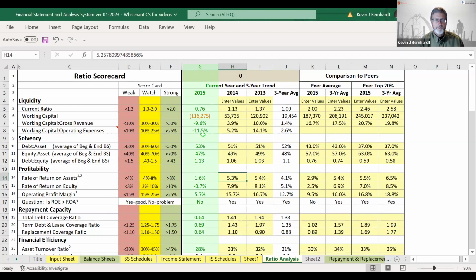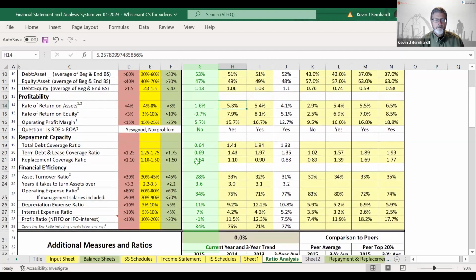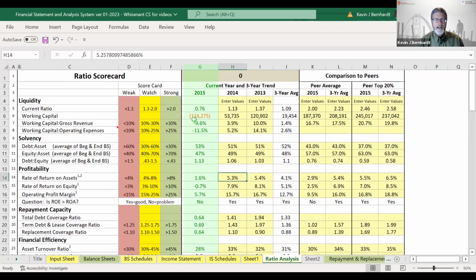So we have the ratios already calculated for us. Now, interpretation of these ratios is beyond the scope of our video here. It would take too long to do that. But the websites that were referred to earlier have some excellent discussions about how to interpret and how to calculate these ratios. In the case of the spreadsheet, of course, they're already calculated for you for the current year.